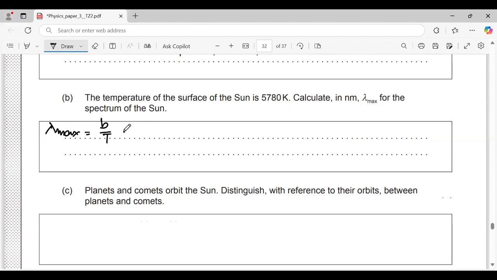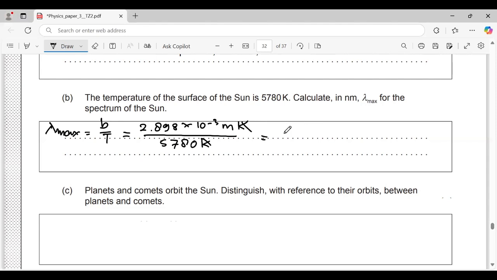T is temperature. So we calculate 2.898 times 10 power minus 3 meter Kelvin over 5,780 Kelvin.